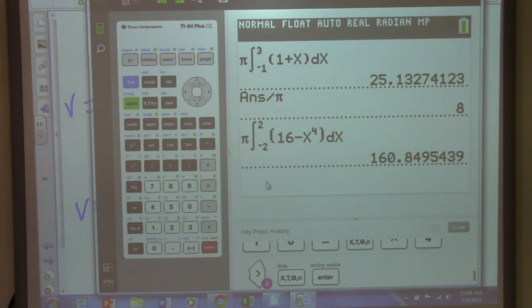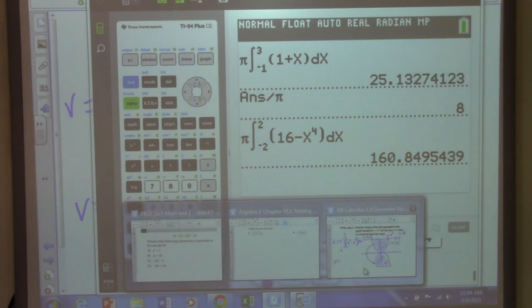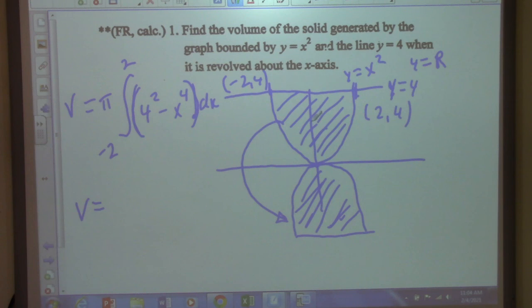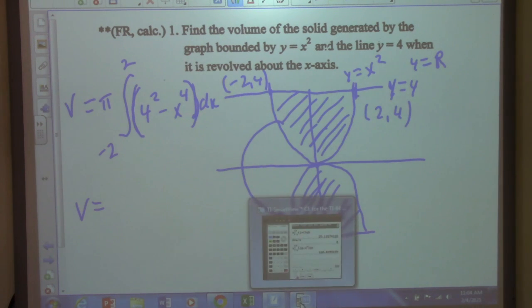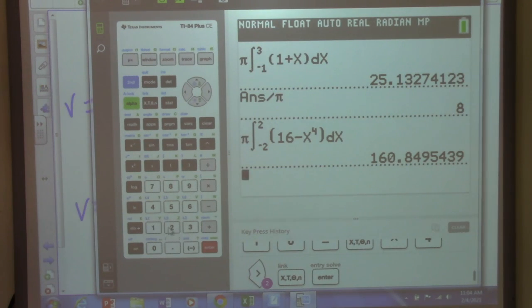So I want to show you another trick, and this trick is really helpful when you don't have a calculator. Let's say you didn't have a calculator for this. You're looking at this, and you have symmetry here, so your volume is going to be twice this. So instead of doing it this way, you can go 2 pi times the integral.